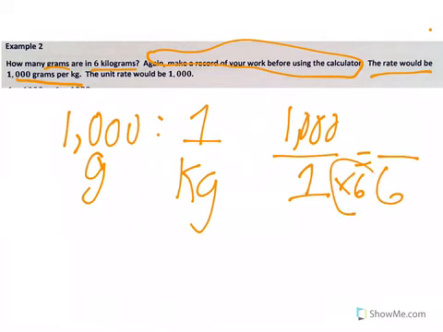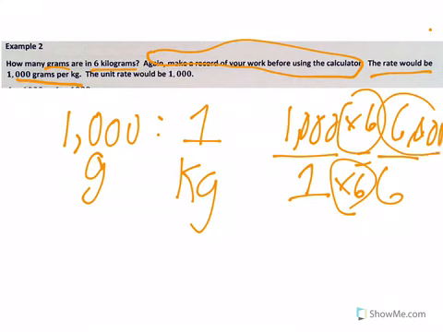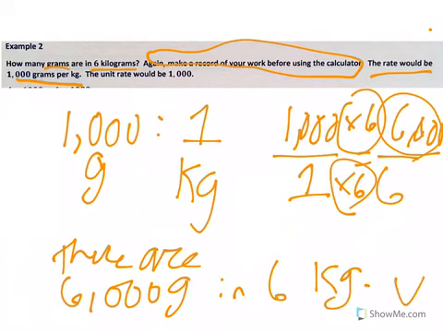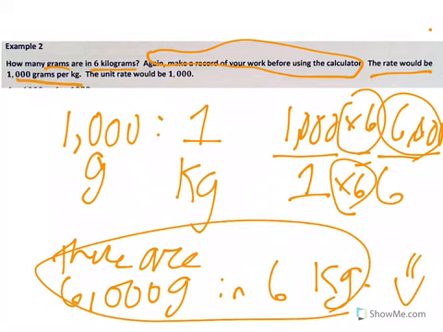So I know I'm going to have to multiply by 6 as my magic number, as my constant. Up top, I'd have to do the same thing. 1,000 times 6 gives me 6,000. So my answer would be, there are 6,000 grams in 6 kilograms. Boom.